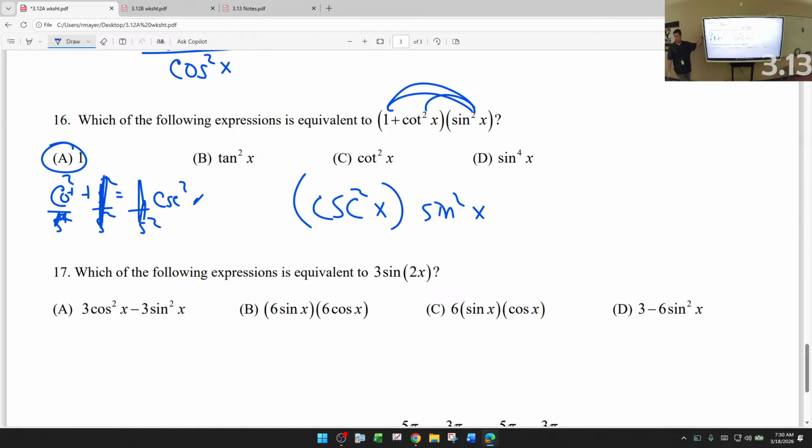There are several ways to do all of these, as long as you're not doing anything wrong mathematically. You can make cotangent squared cosine over sine squared, get common denominators if you wanted to, because you do what's inside parentheses first, and then distribute the sine. However you see it to be the easiest.